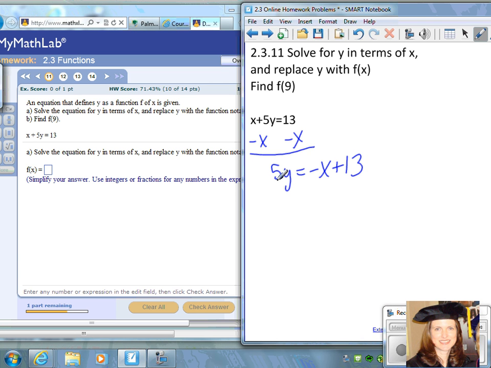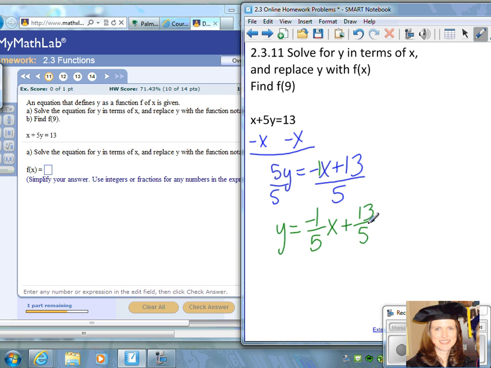And then to get the y by itself, we're going to divide by 5. You can write this as y equals, you can write this as a fraction, negative x divided by 5. That's the same thing as negative 1 over 5x plus 13 divided by 5.